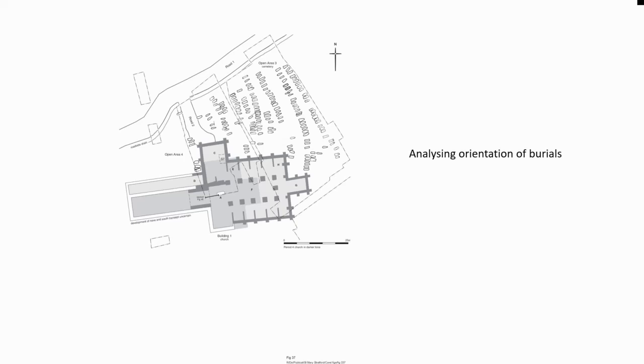Now, if we didn't know that boundary was real and medieval and contemporary, we would think, well, why would they be doing that? There must have been some form of restriction at the time these burials went in, which caused the burials to slightly change their orientation as they went round. So orientation can be an artifact of certain decisions made in the past about the way the cemetery was used.